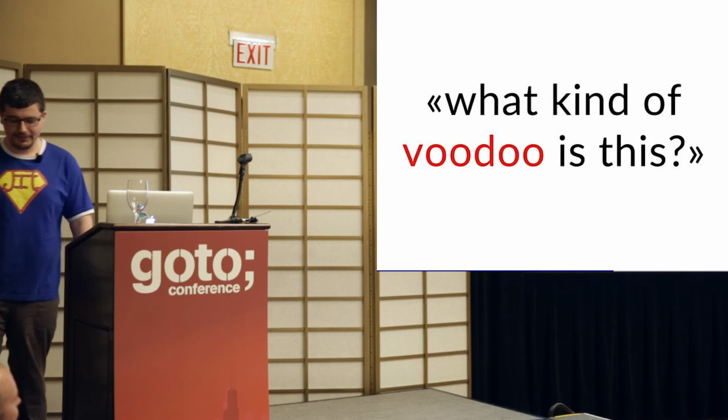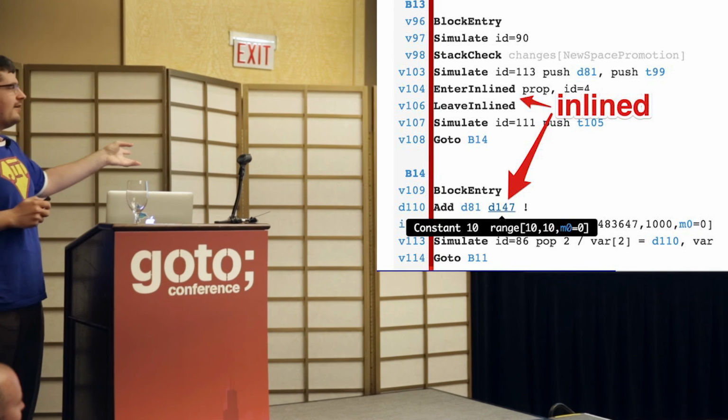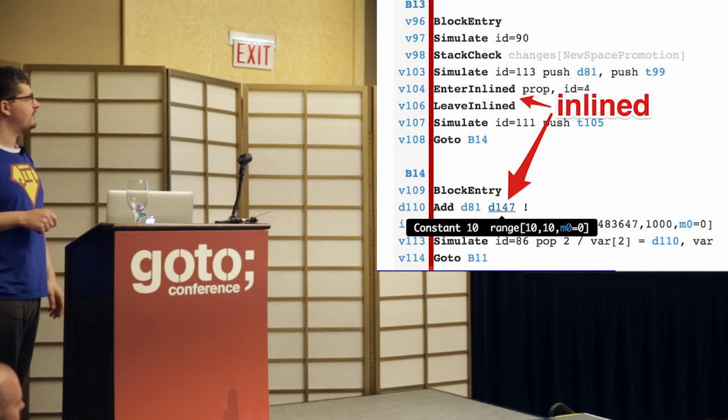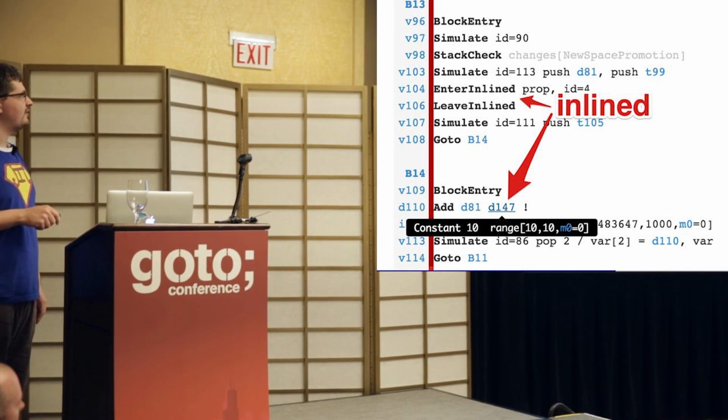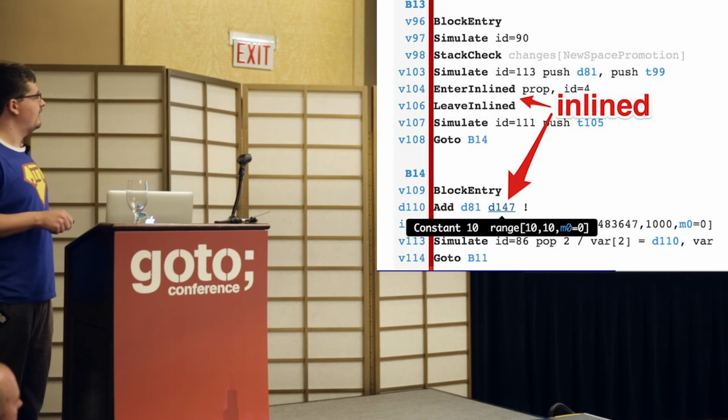Voodoo magic happened. So if we look using IR Hydra, we will discover that the property access, when it's defined as a getter, is inlined, because a getter is just ultimately a function. And we are using the constant in the addition operation down there.